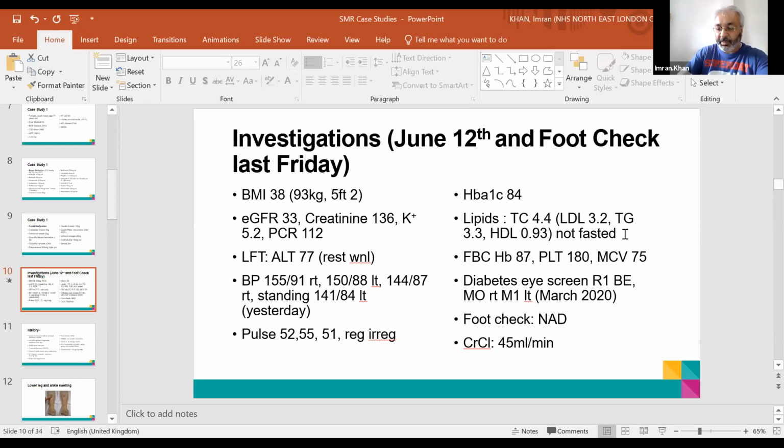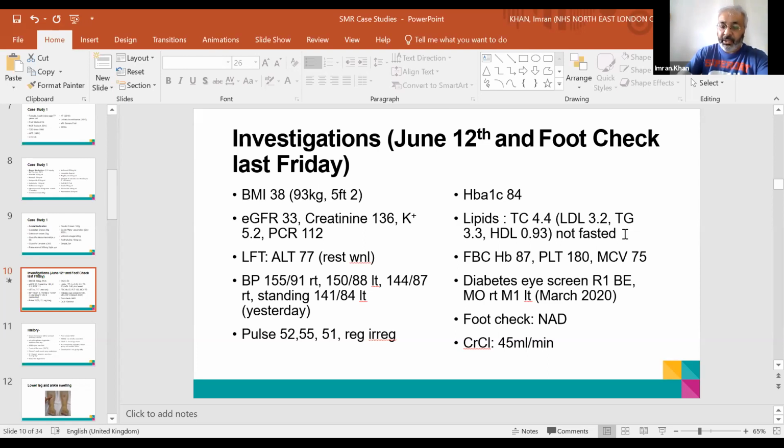She needs to be checking. 50 strips is not enough. She probably needs 100 or 150 strips. We need to convince this lovely lady she needs to check at least, because she's not going to do it more than this. If she can do one in the morning pre-breakfast, 1-2 hours post-breakfast, and at least 1-2 hours post-dinner, at least it gives us some clue as to what's going on.